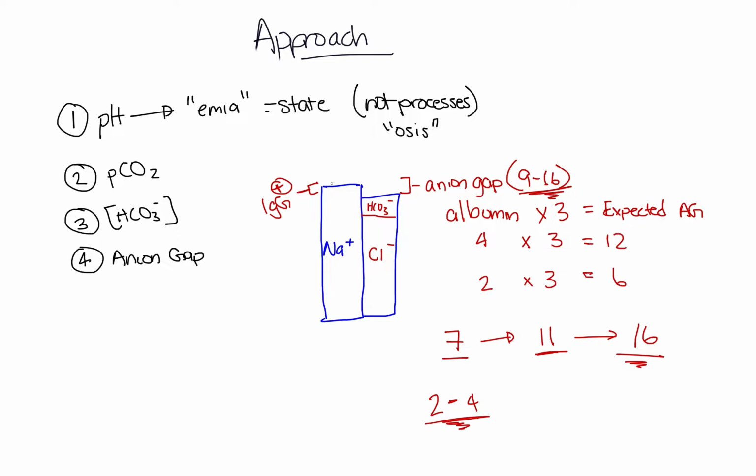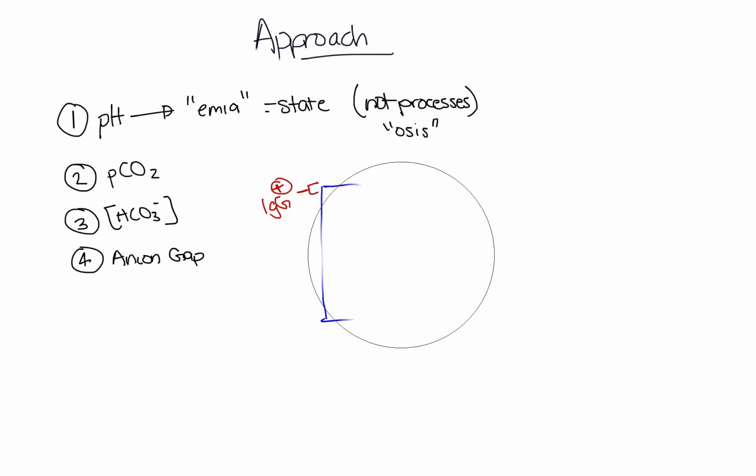Okay, so we talked about how we calculate our expected anion gap, and how we can determine whether a patient has an anion gap acidosis, and how maybe it could be a warning sign for something to come. But after you get your anion gap, it's really important. This is the step that maybe a lot of us sort of ignore, so I'm going to put it in red.